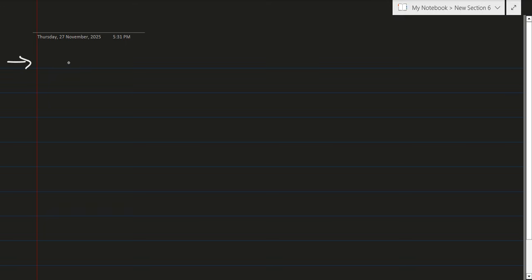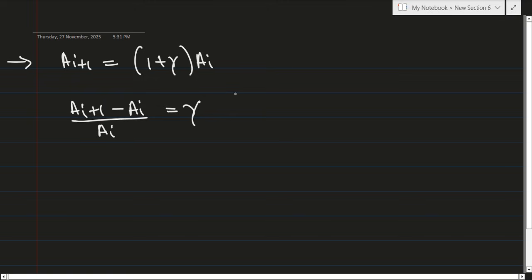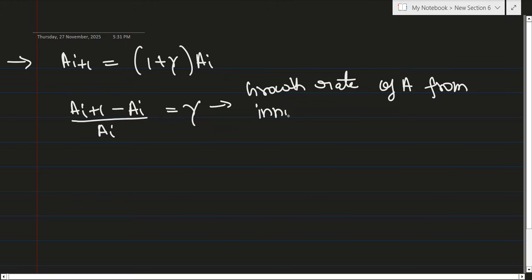Now we can use that equation again. We have gamma, this is the growth rate of A from innovation to innovation.